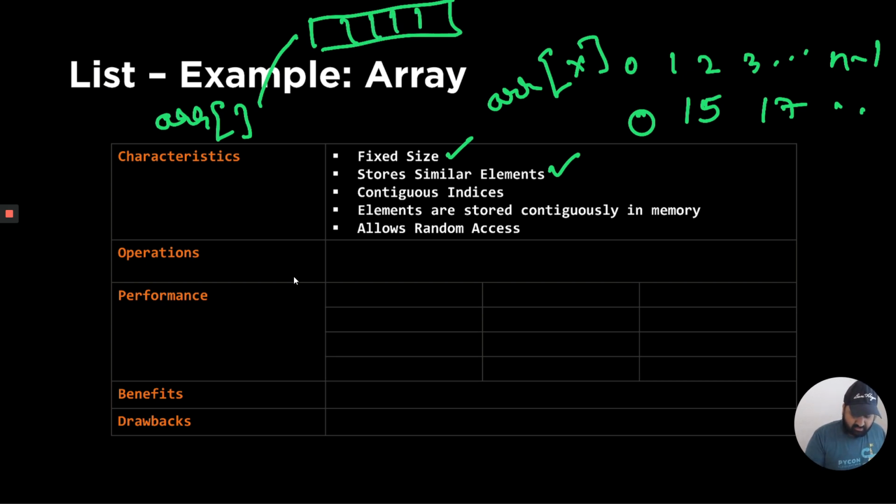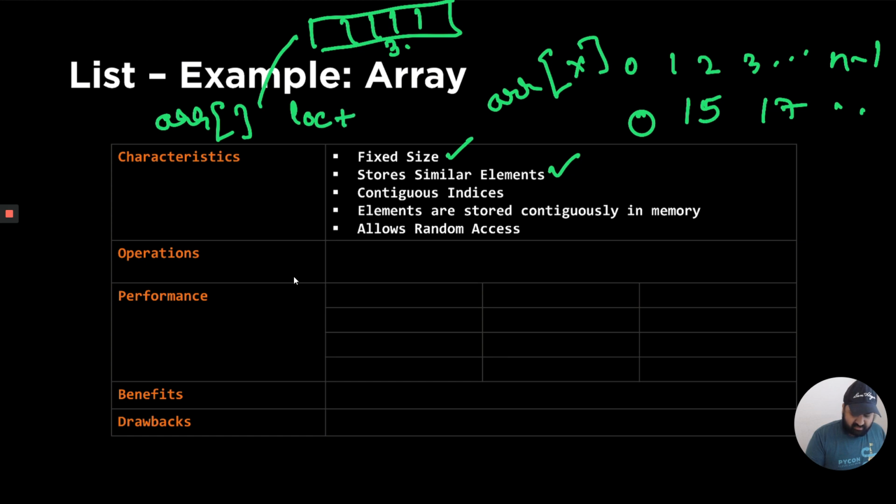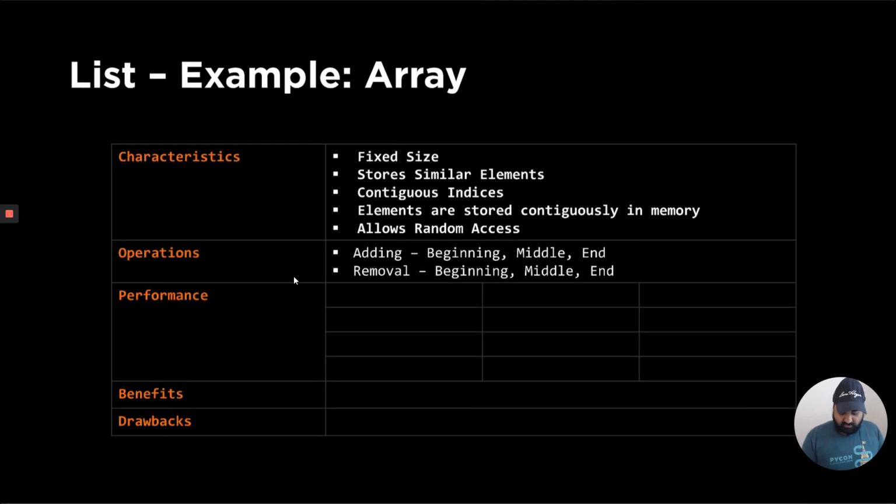So if we want to go to the third index, we can take the location of the first element plus the location where we want to go to, which is the offset, multiplied by the size of each element, which in this case, if it is an integer, let's say is 8 bytes. So if you do location plus offset times size, you can basically go to any particular index in constant amount of time, which we are going to see very soon.